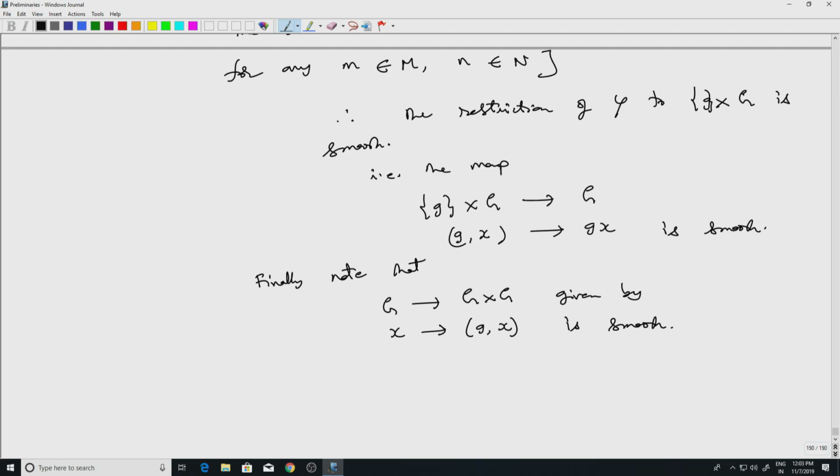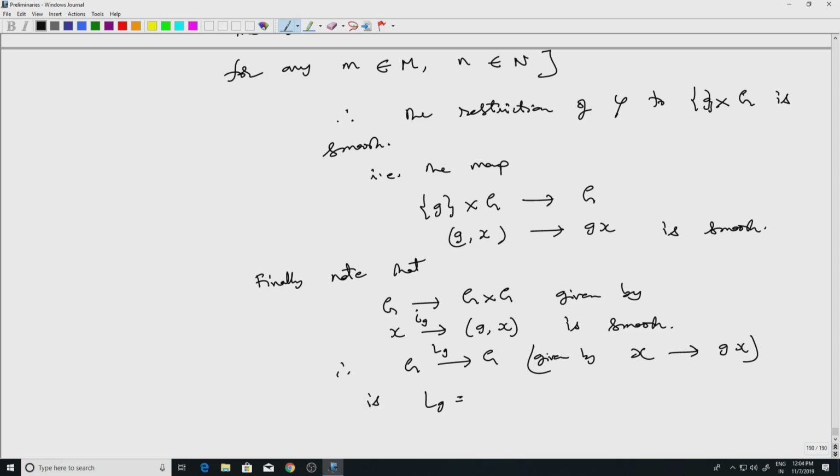This just embeds, or rather places, G in G cross G as a slice. Let's call this i_g. Therefore the map from G to G given by x going to gx, which is our left translation map, is L_g equals phi composed with i_g.